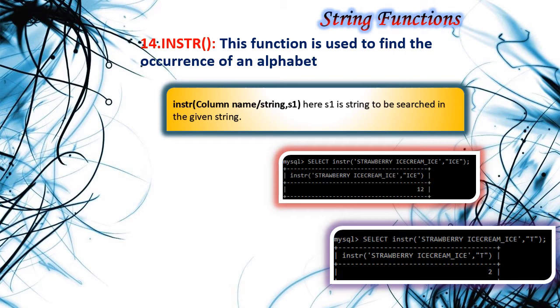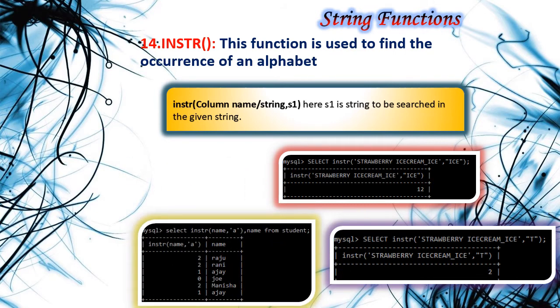And if I search for a single letter T in strawberry ice cream, T is in the second position, so it's printed 2. Then the column name I used from the student table, the name column. The letter A, wherever it occurs, that position is printed.